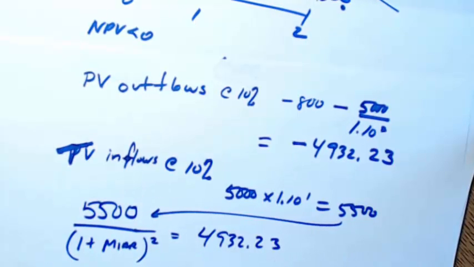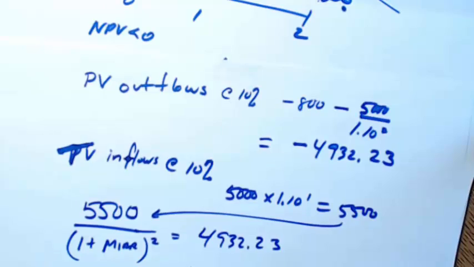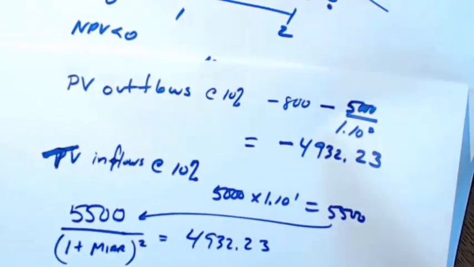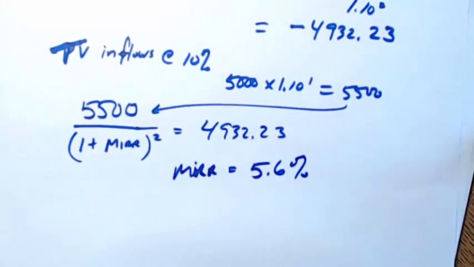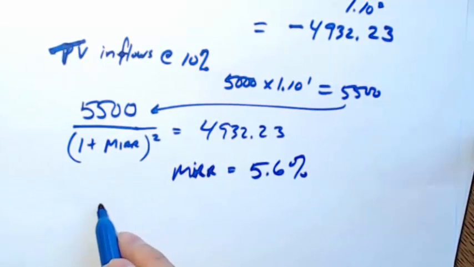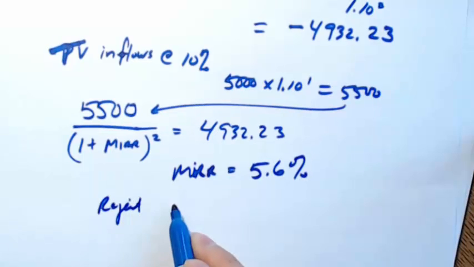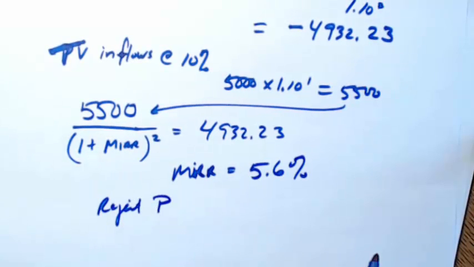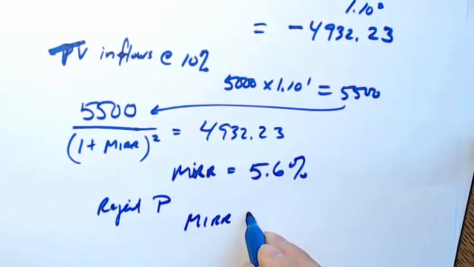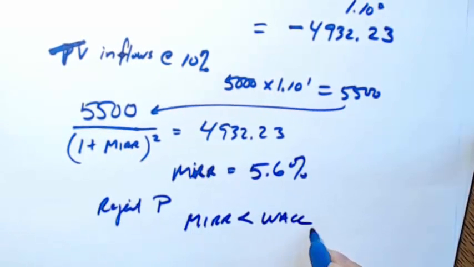And so we calculate MIRR, and we come up with a modified internal rate of return of 5.6% on this project. Wow, 5.6%. That's low. So we would reject this project, reject project P, because the MIRR is less than the weighted average cost of capital.